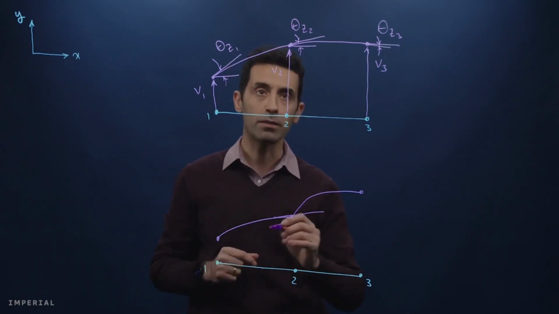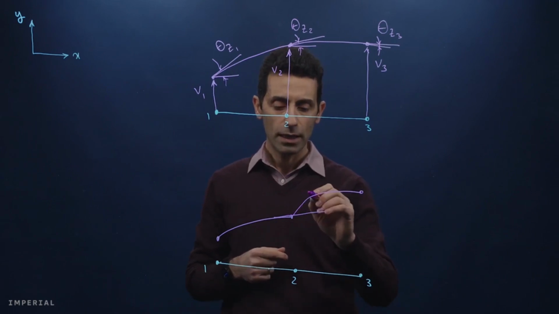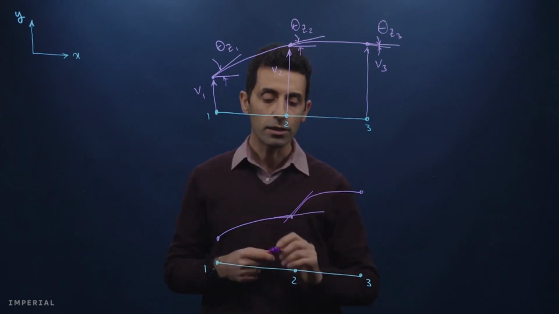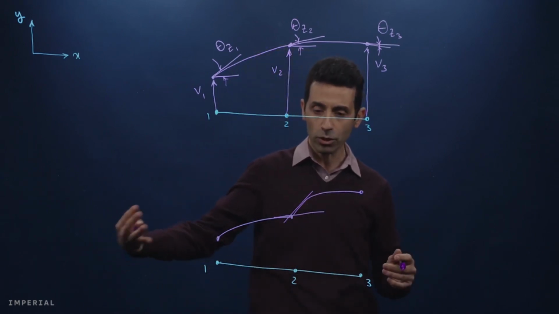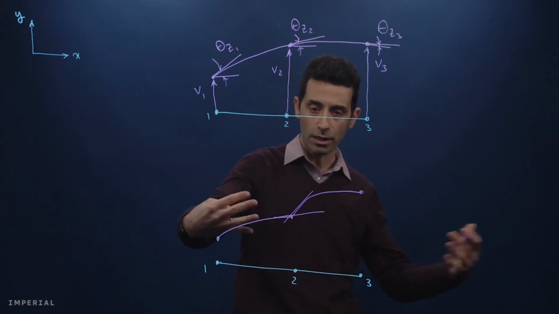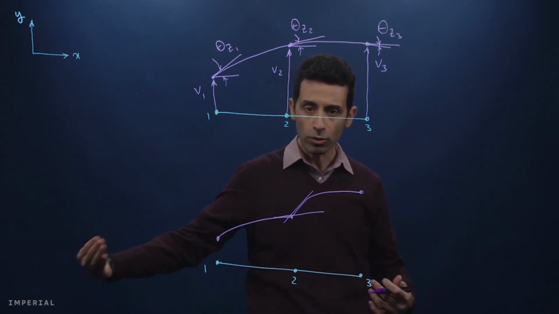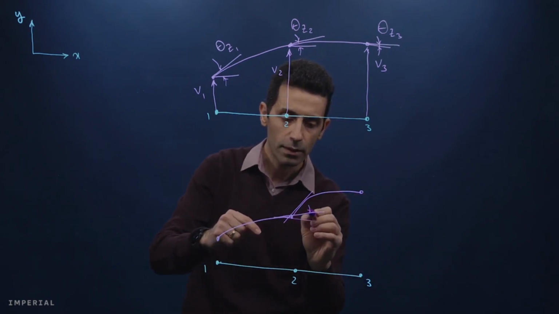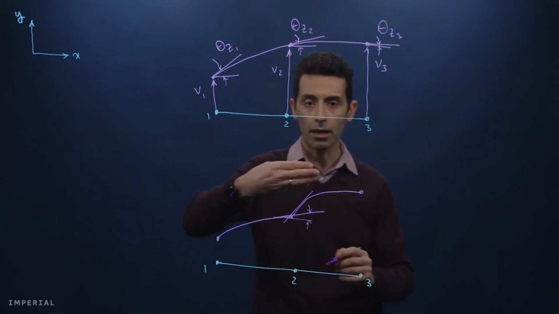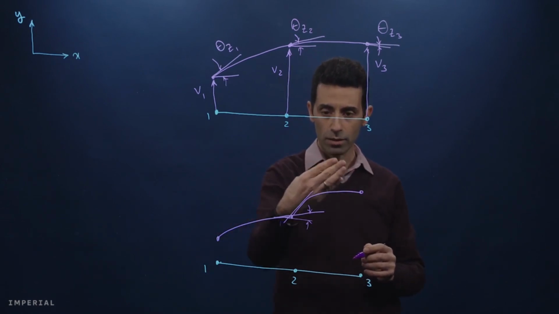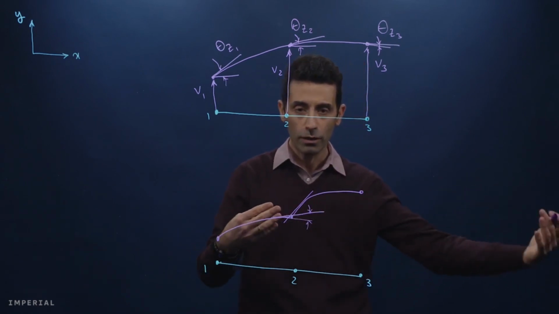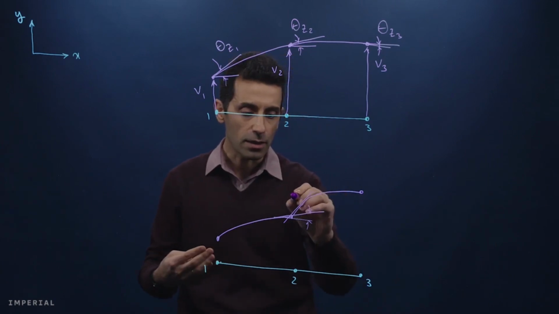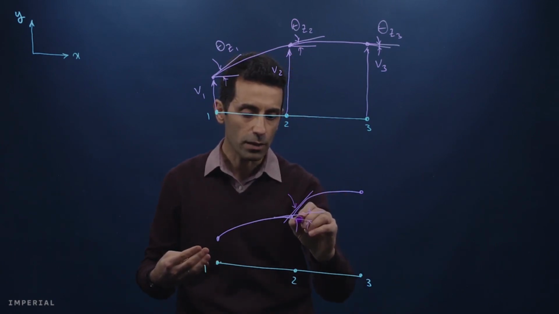What is happening here is that the rotational degree of freedom, that theta z, is not continuous anymore when you are approaching this node from this side and this side. When you're approaching the node from this side, this is the rotation of the cross section. When you're approaching the node from that side, this is the rotation, right?